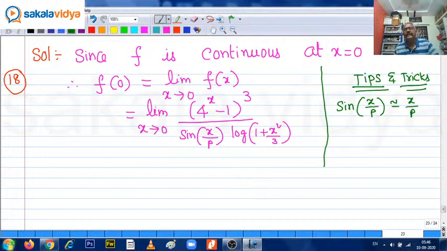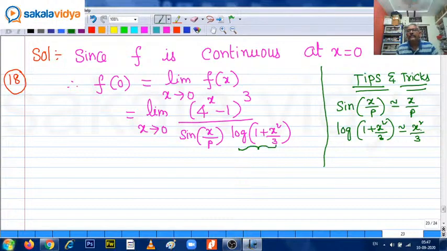Log of 1 plus x square by 3 is approximately equal to x square by 3. Just in the place of sine of x by p, write down x by p, and in the place of log of 1 plus x square by 3, write down x square by 3. Now easily we can find out. Rakesh, concentrate on the class.